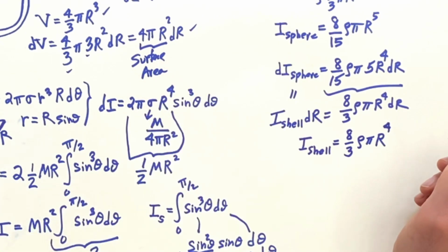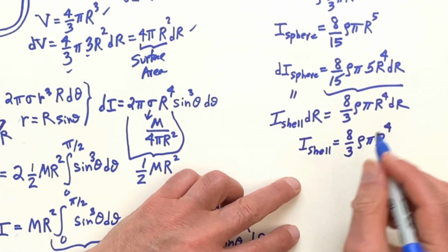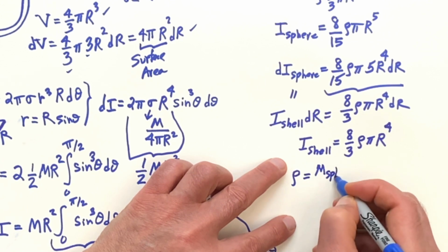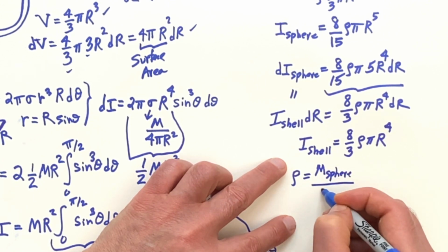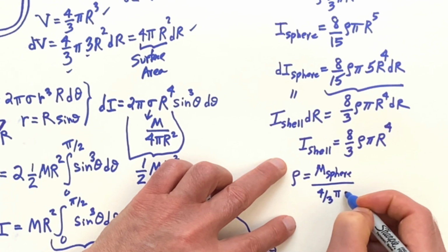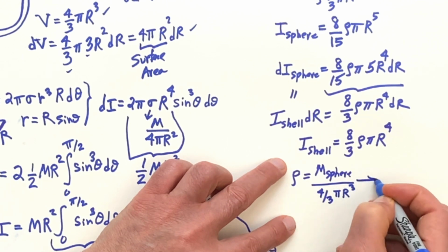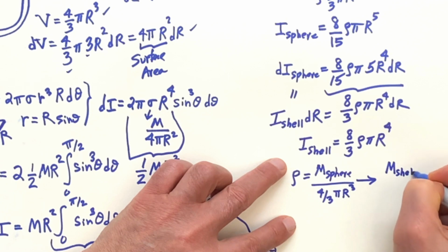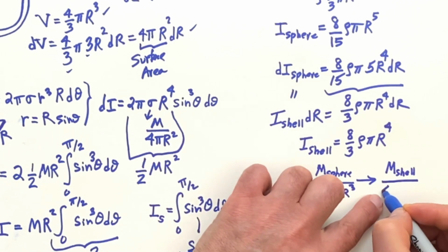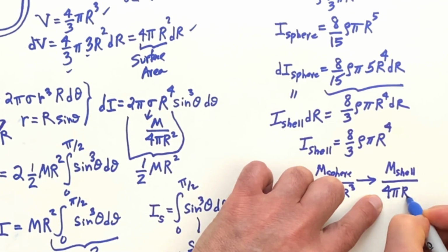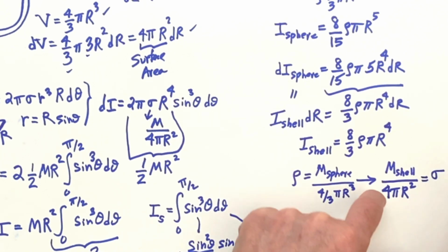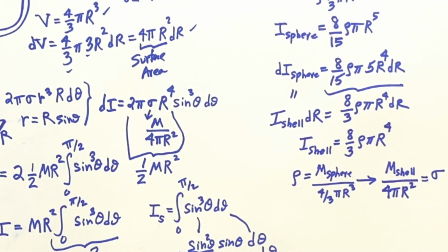But now we have to be careful that the rho that was originally the mass of the sphere divided by the volume of the sphere, okay, that's what we had initially, that has to be replaced with mass of the shell divided by the surface area of the shell, because now we have an area density. This is the area density, sigma, all right, when we do the last step.